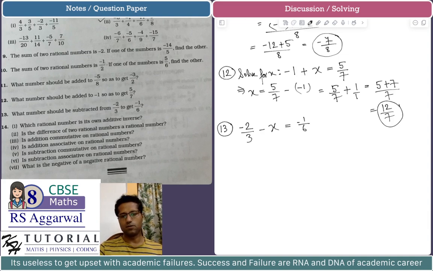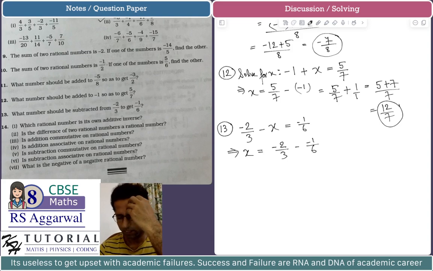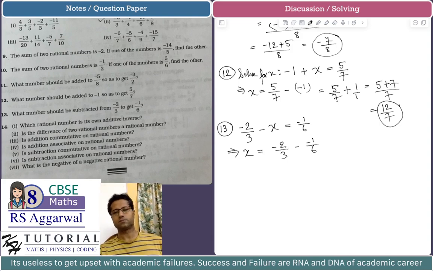So now this time, if you are familiar with solving linear equations in one variable, you should be able to say what x will be. x is equal to minus 2 by 3 minus 1 by 6, because you will take the x to the right hand side and you will bring the constant term from the right hand side to the left hand side using the concept of transposition. I hope that is the word, transposition.